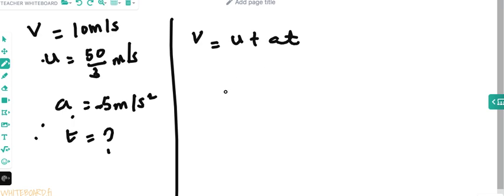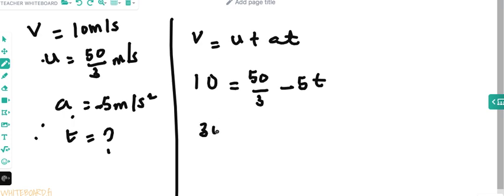So v is 10 equals u, which is 50 over 3, minus 5t. By multiplying through by 3, we have 30 equals 50 minus 15t.